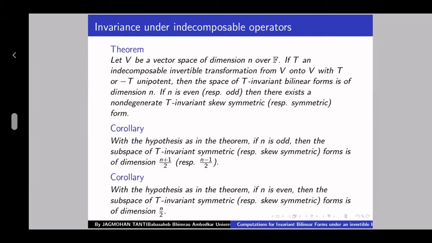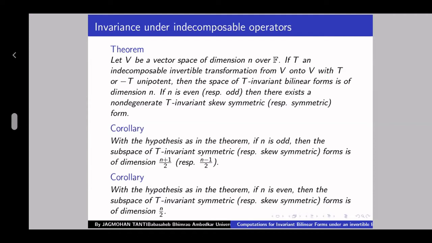The vector space is of dimension n, and T an indecomposable invertible transformation from V onto V with T or minus T unipotent. Here the invariant bilinear forms under T are the same as invariant bilinear forms under minus T, so we can consider T to be unipotent.